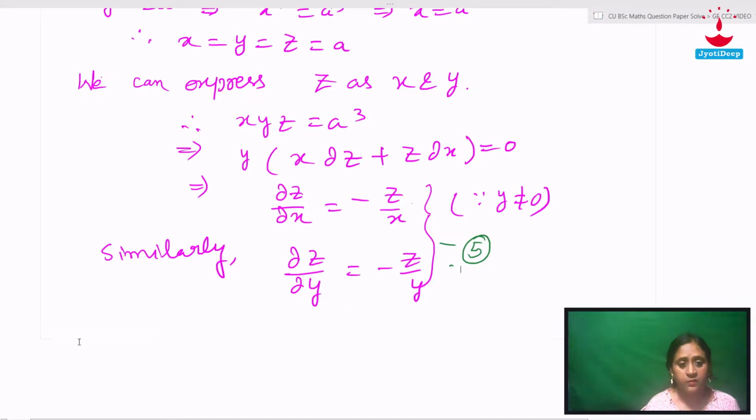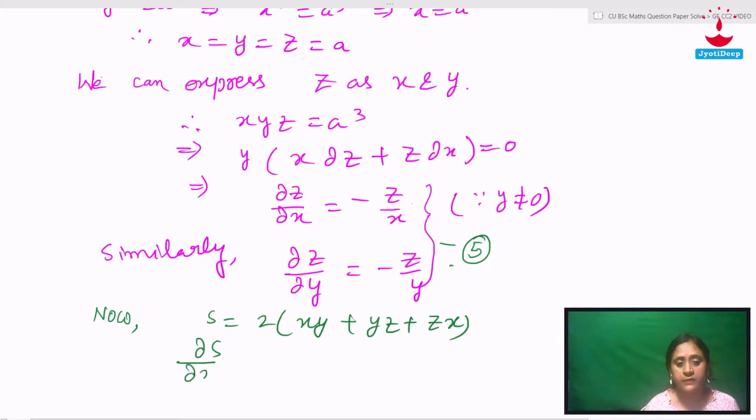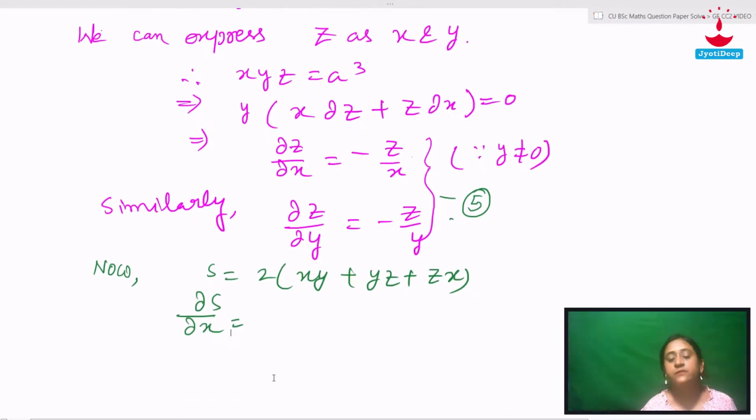So now s is equal to 2 into xy plus yz plus zx. So del s by del x is equal to, here we are going to differentiate it with respect to x.